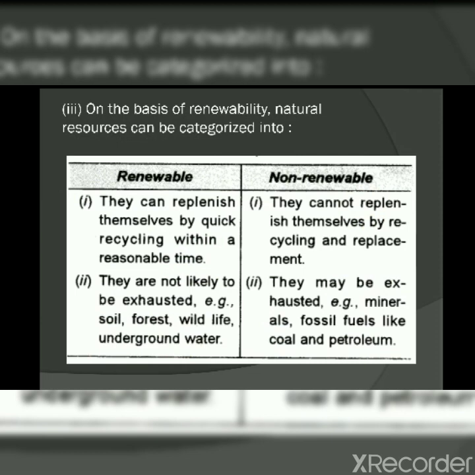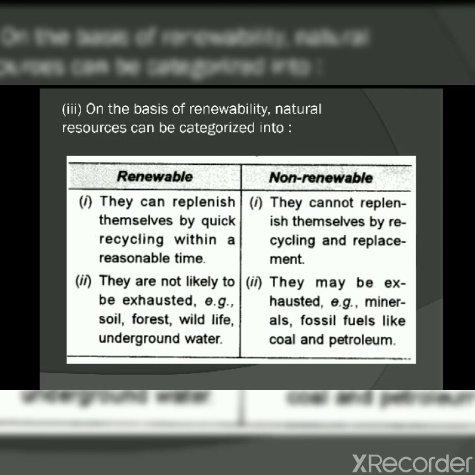Within a period of time they will be stored again back in nature. Whereas non-renewable resources cannot replenish themselves by recycling and replacement. We cannot replace non-renewable resources and they will not be stored back in nature, neither by recycling nor by replacing them.